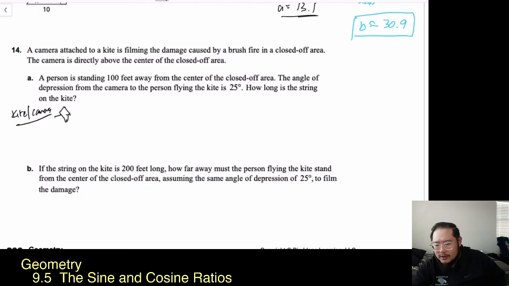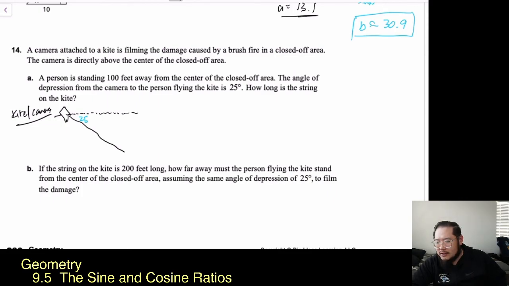Remember, we have a straight line right here, and the string is going down like this. Don't forget the angle of depression is going downwards, and that angle of depression right here is 25 degrees. And so this angle that I just wrote happens to be your angle of depression.